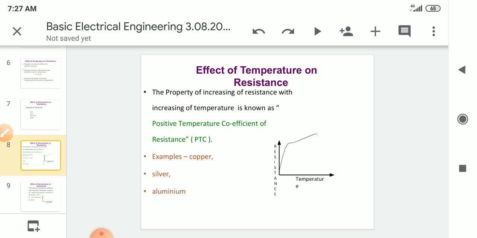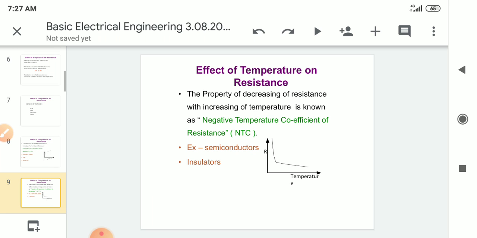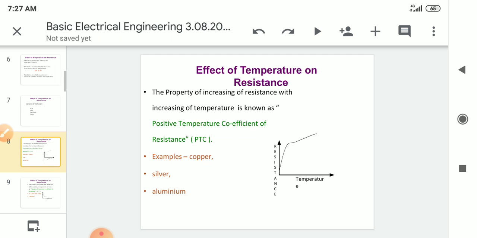The property of increase of resistance with increase in temperature is known as positive temperature coefficient of resistance. Examples are copper, silver, aluminium. Here let's observe this graph of resistance versus temperature. It increases when the temperature rises.